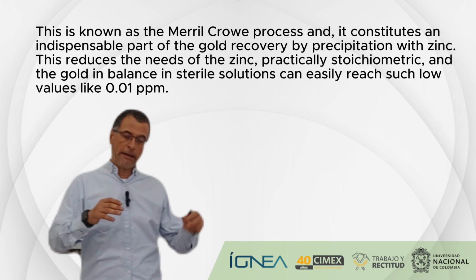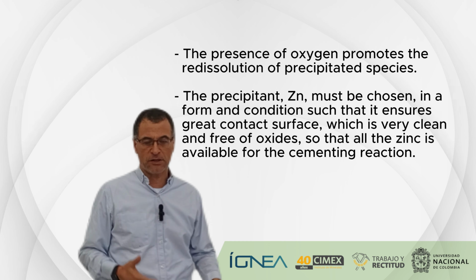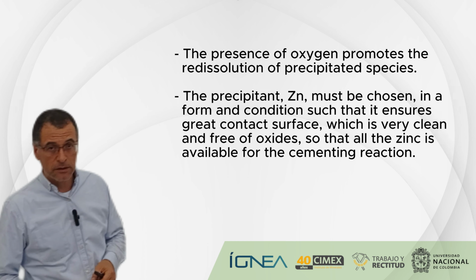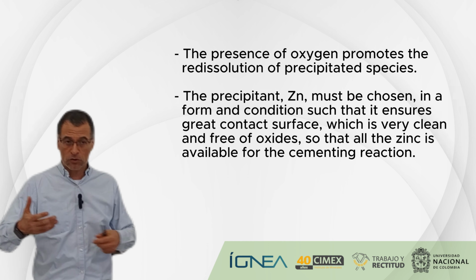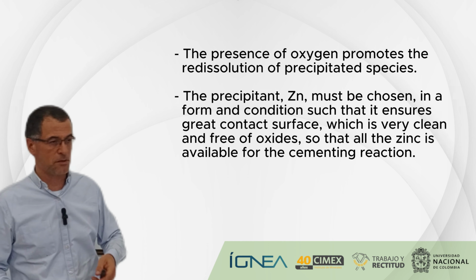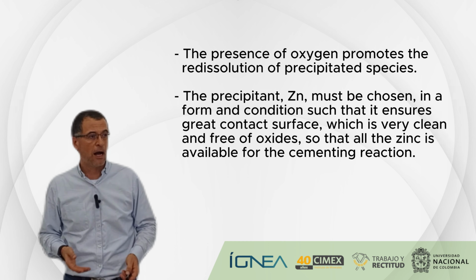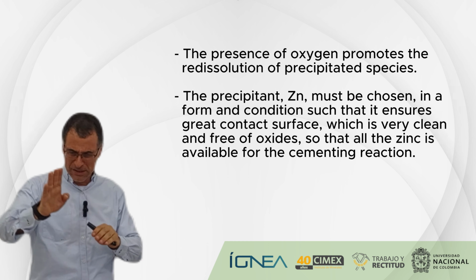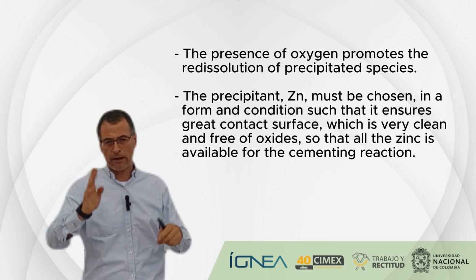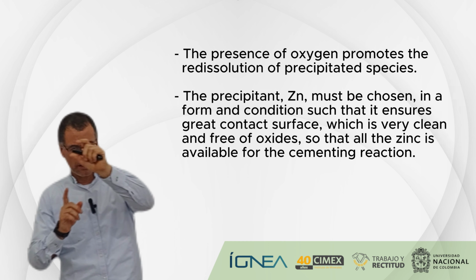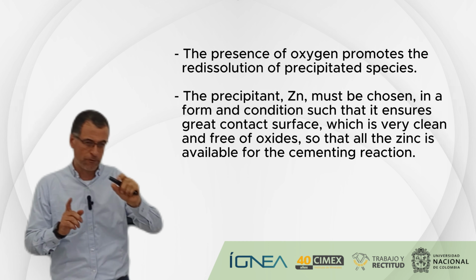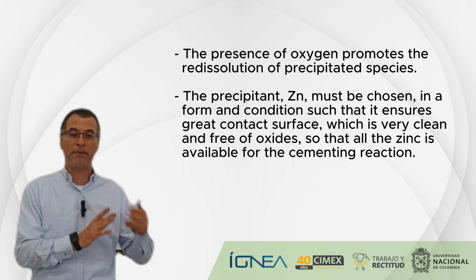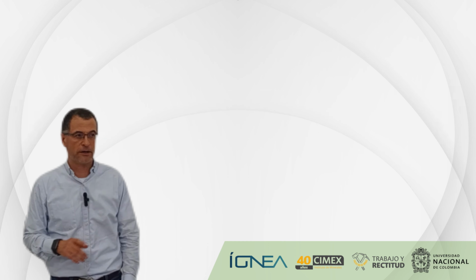When you are making the precipitation, it's important to define the characteristics of the zinc, the concentration of the zinc, the concentration of gold, and maybe silver, because it's very common that they are there, and how to define the potential and pH of the solution in order to define the best equilibrium zone, the equilibrium phase, in order to define the electric condition and pH condition that is necessary to work here.